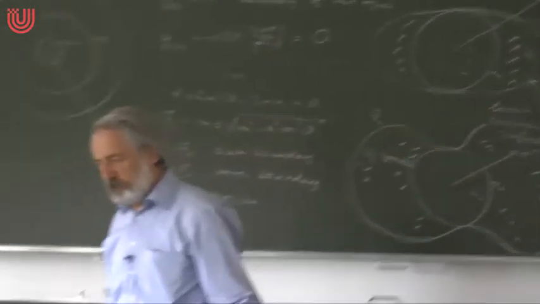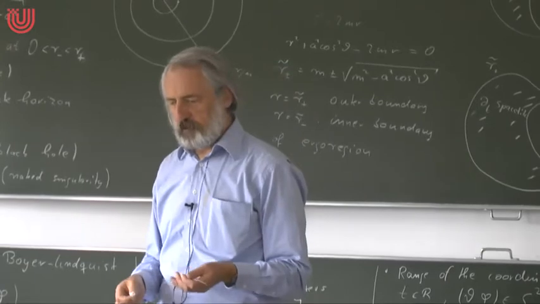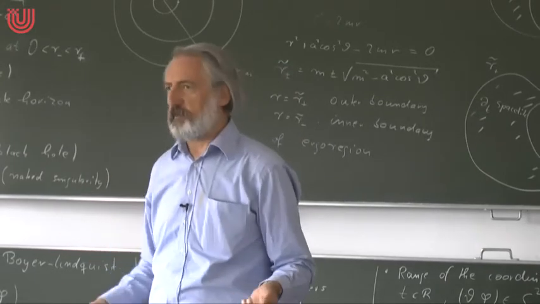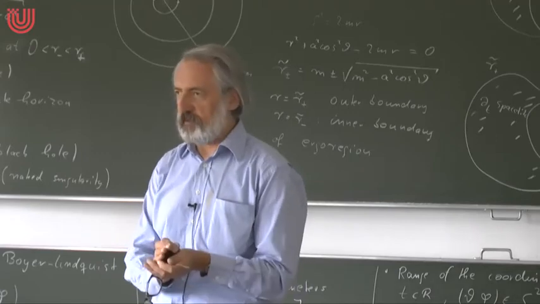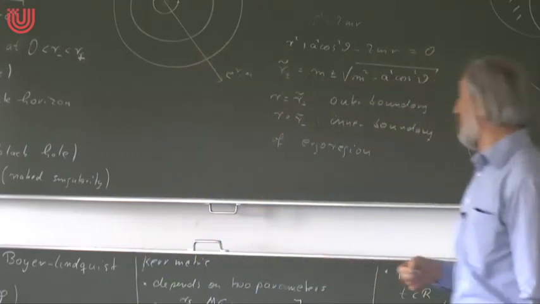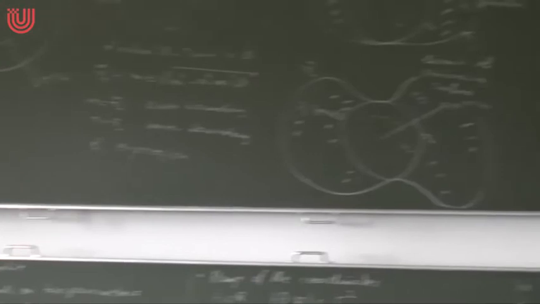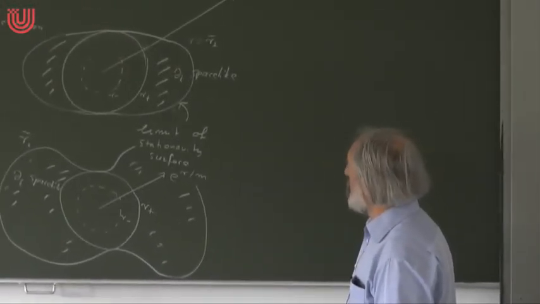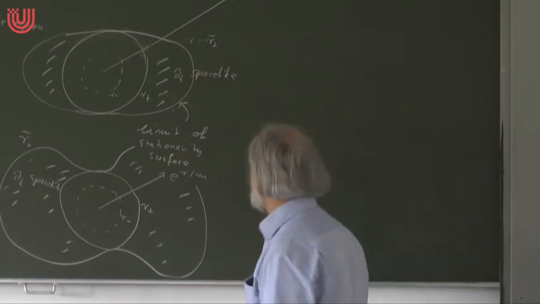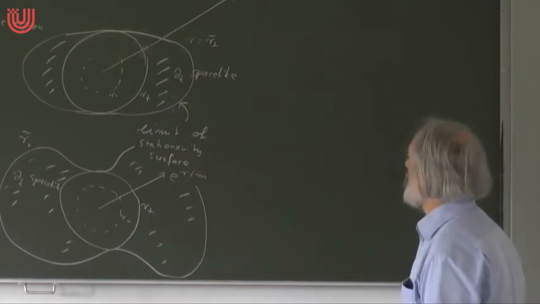In the Schwarzschild spacetime, everything happens at one surface. Space becomes time, and time becomes space, and this is also the horizon. Everything coincides. And here this is no longer coinciding. So here we have to distinguish this limit of stationarity surface and the horizon.